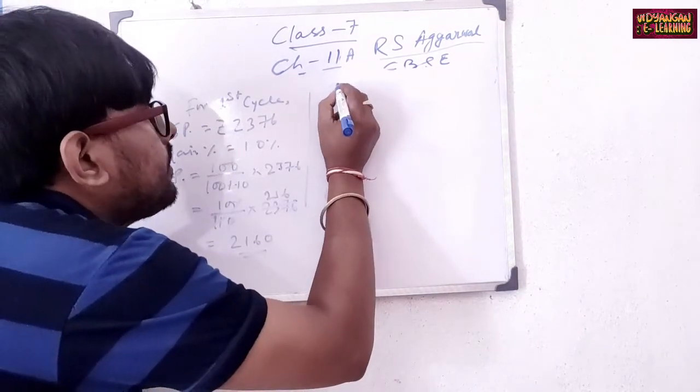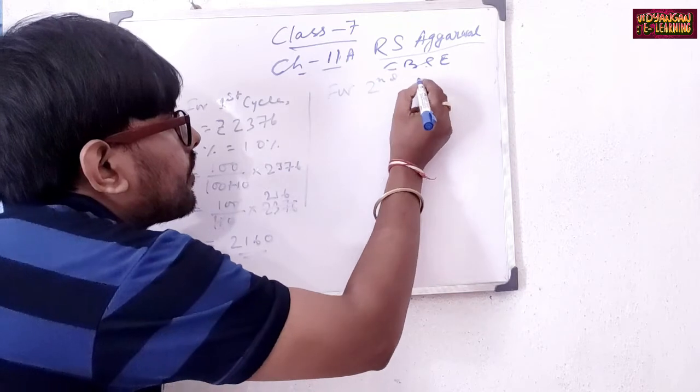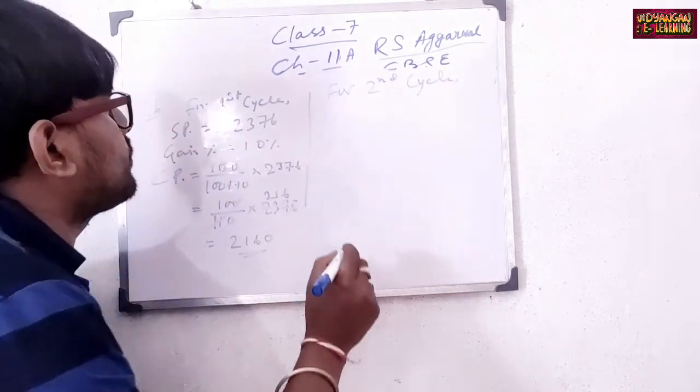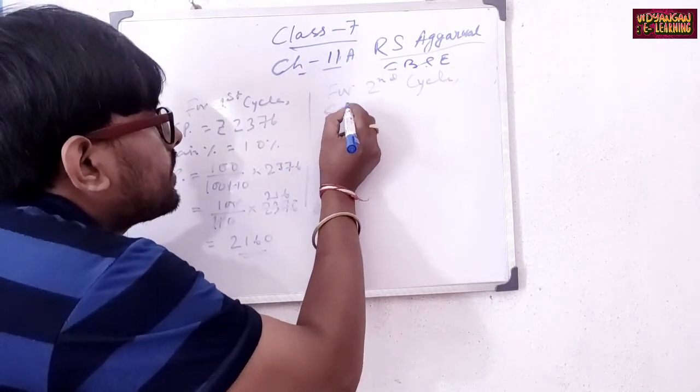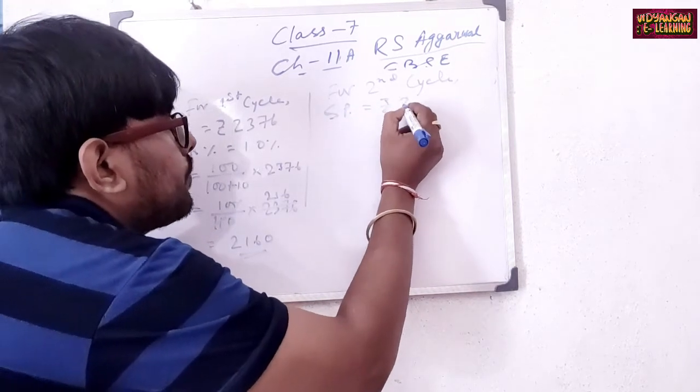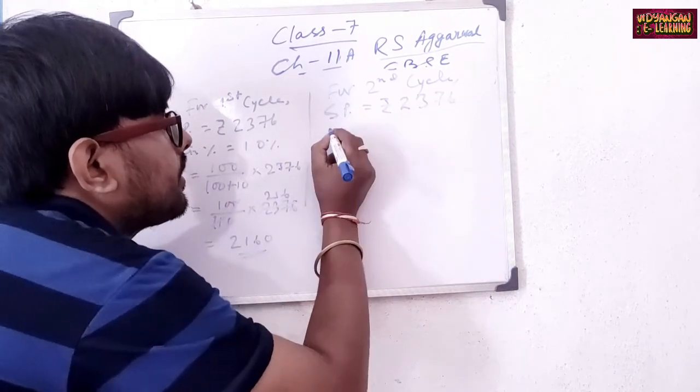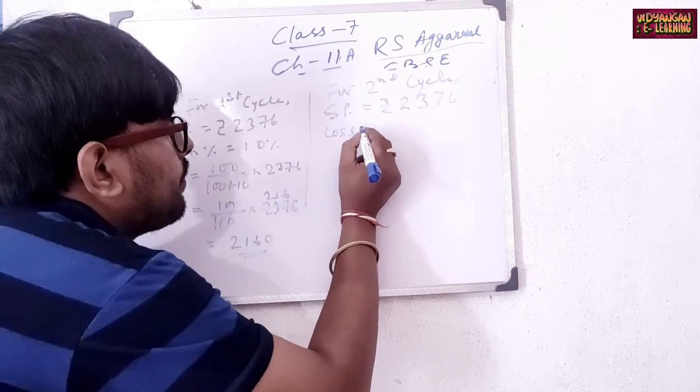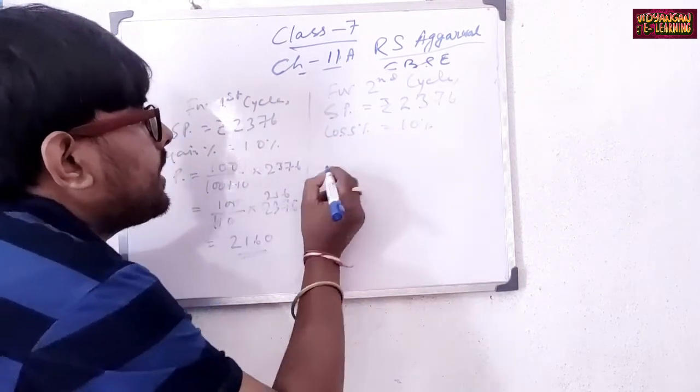Now for the second cycle, we'll get the same selling price, rupees 2,376, but in this case he makes a loss of 10%.